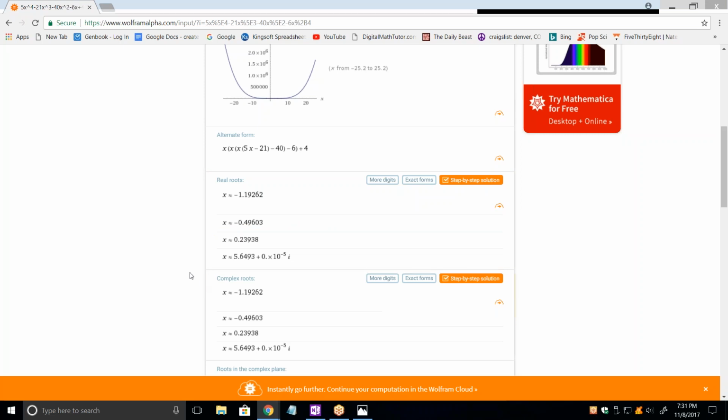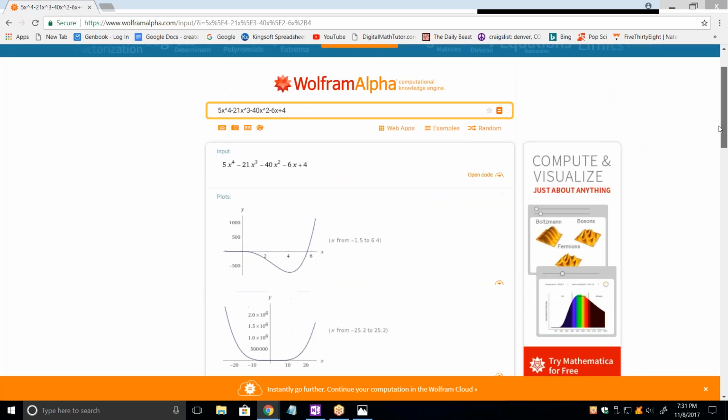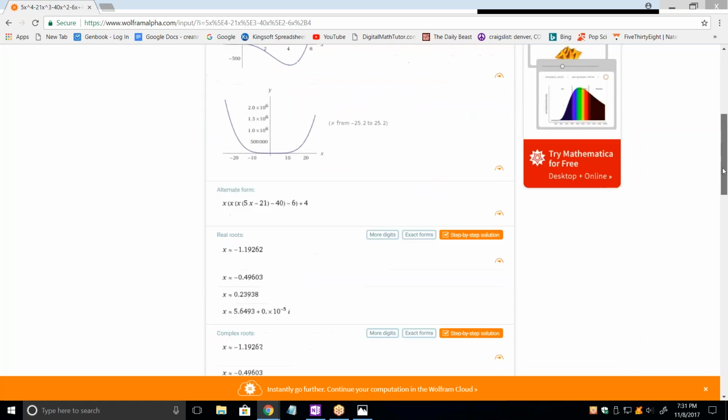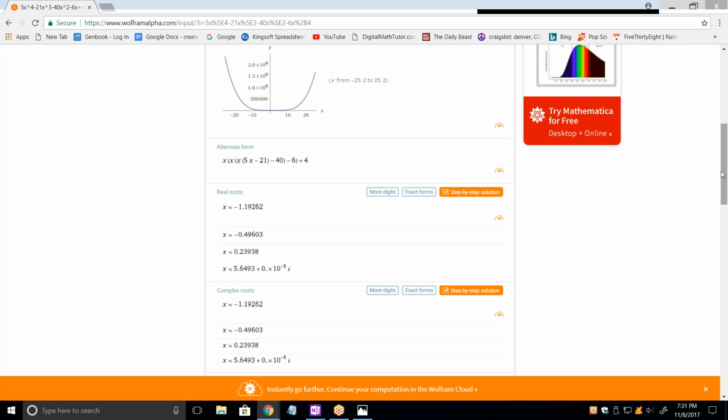Because 4i times 0 is just 0. Oh yeah, 5 is definitely in the ballpark, right? We can see that that real root is at 5 something, so that would be the answer. Okay. So 0 times 10 to the negative 5th i is just 0.